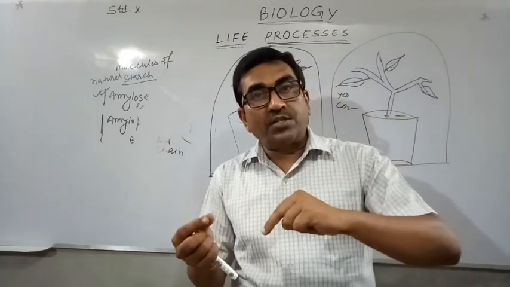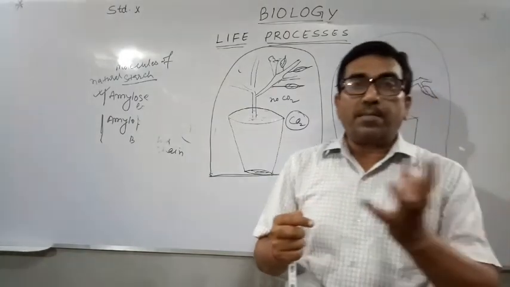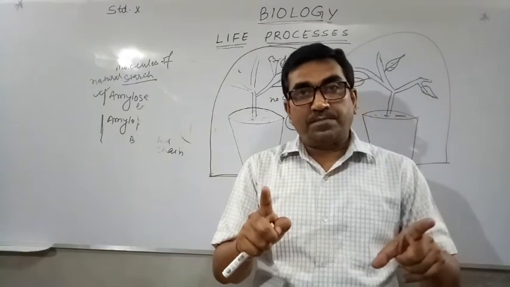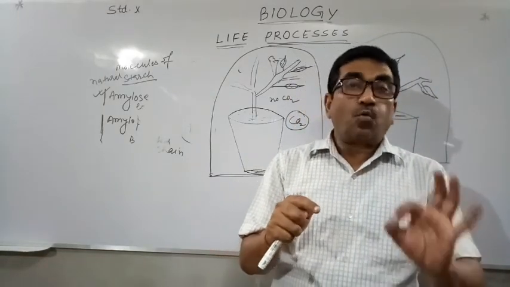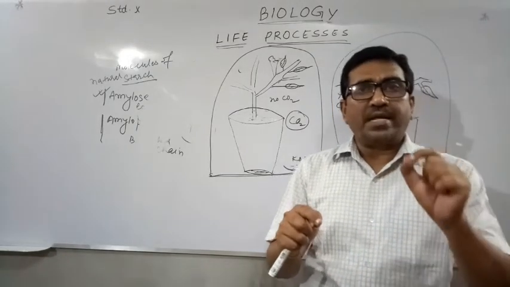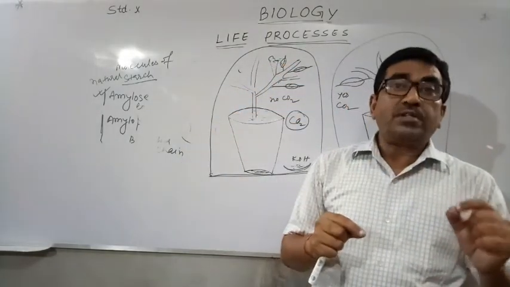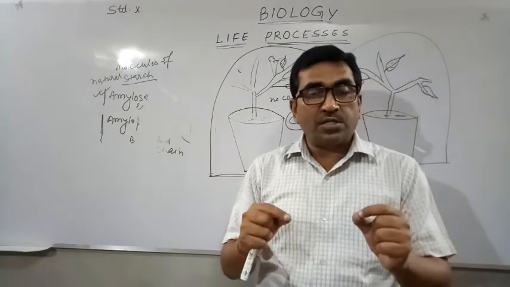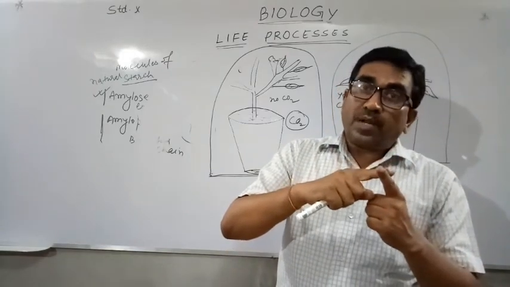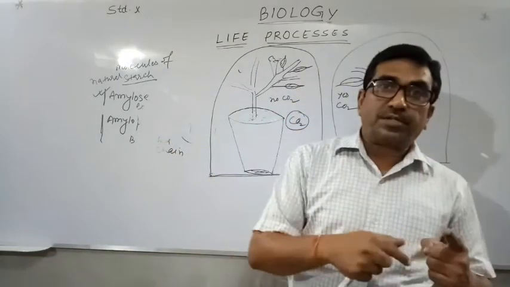When we boil it in alcohol, it allows the chlorophyll to come out, and it becomes colorless. We wash it because no chlorophyll pigment should remain attached to it. Then we put the iodine solution, and the same loosening which allows the chlorophyll to come out also permits the iodine to go into it.